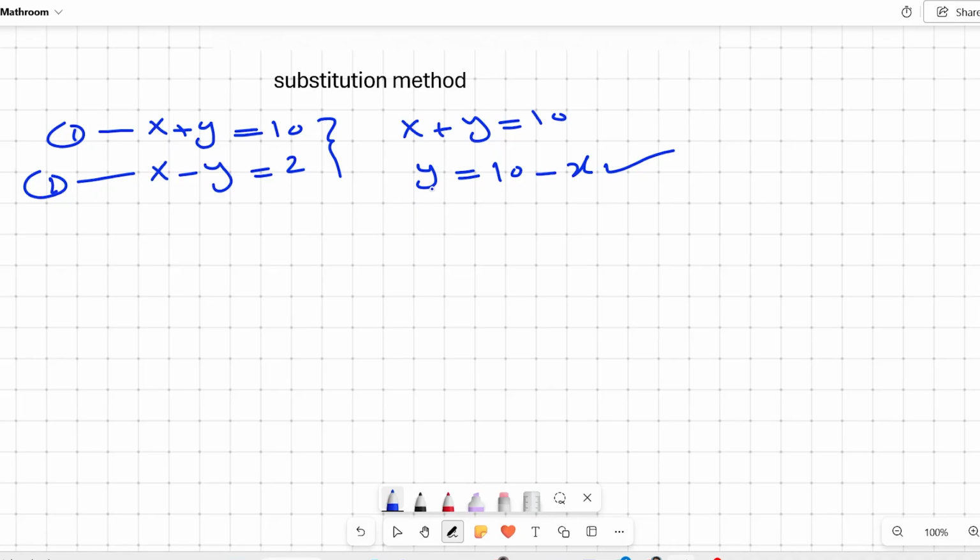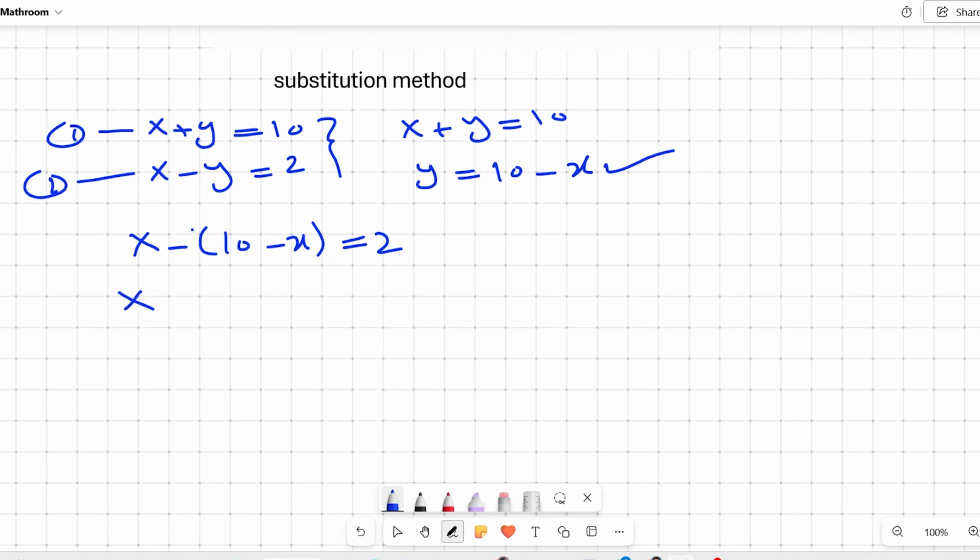So the value of y is equal to 10 minus x. Now in the second equation, instead of y, I write 10 minus x. So x minus parenthesis, instead of y, 10 minus x, equal to 2. Now you see that we have one variable here, x. It is a one-variable equation, and that is so easy.